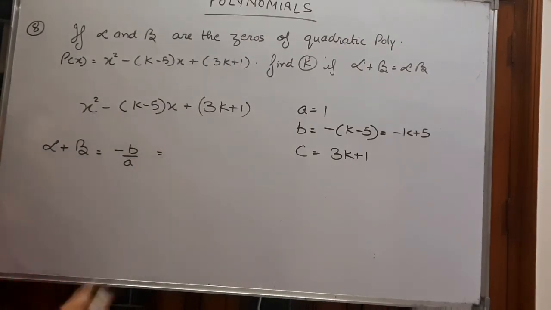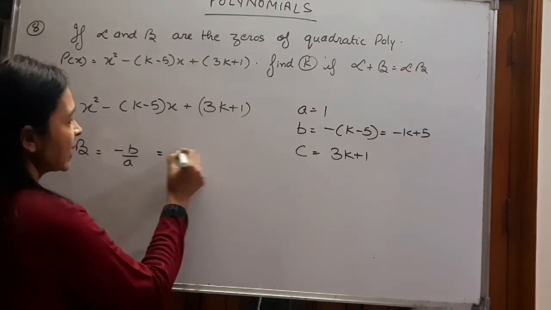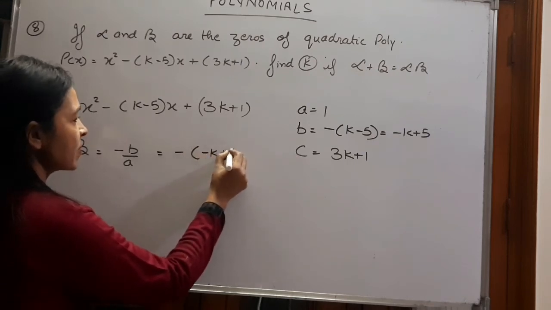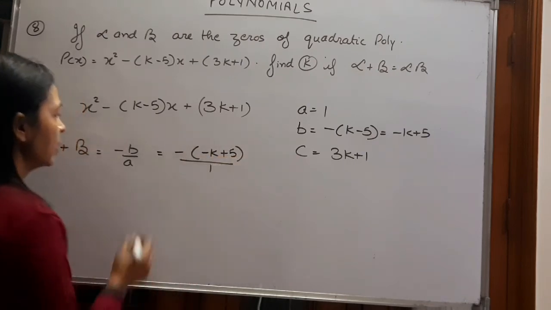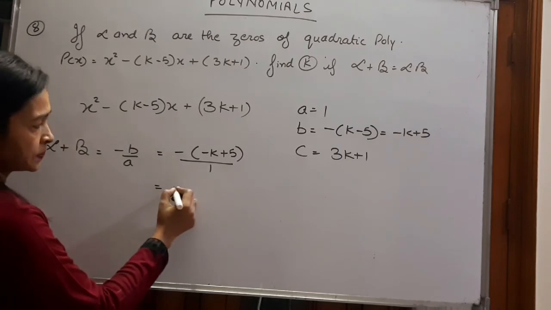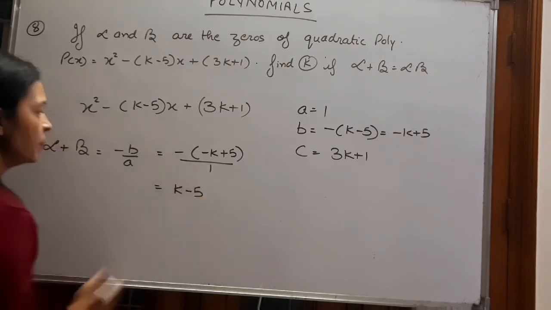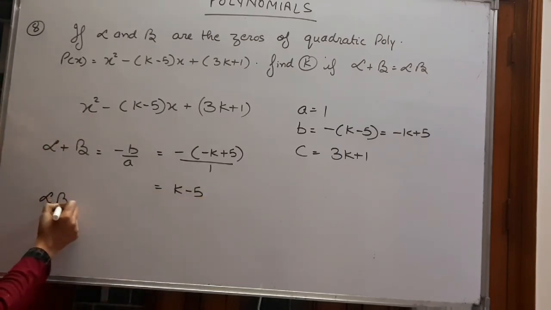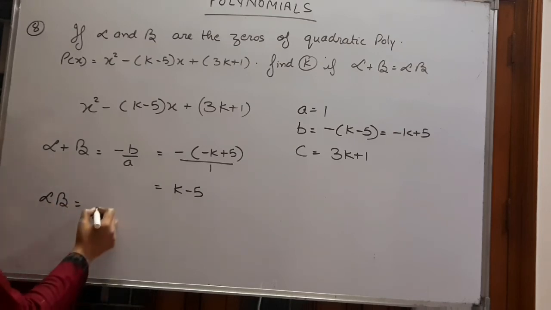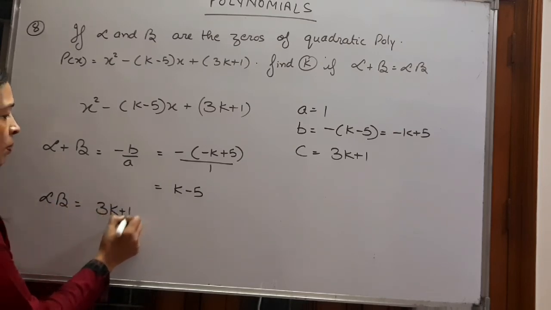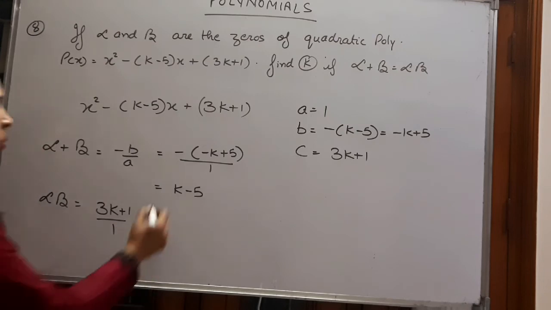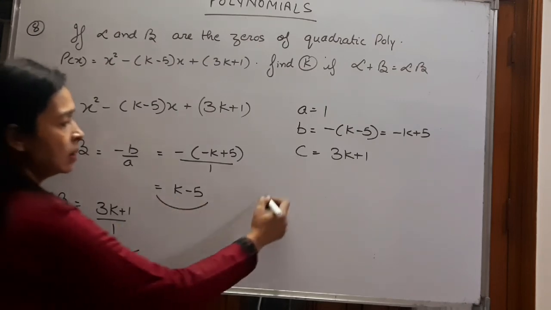Alpha plus beta is minus of minus k plus 5 upon 1. Alpha plus beta is k minus 5. And what is alpha beta? c upon a, that is 3k plus 1 upon 1. Now, these two are equal.